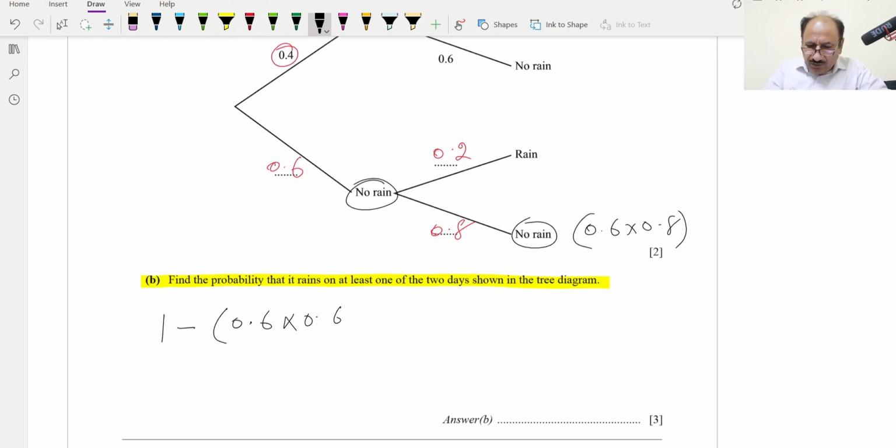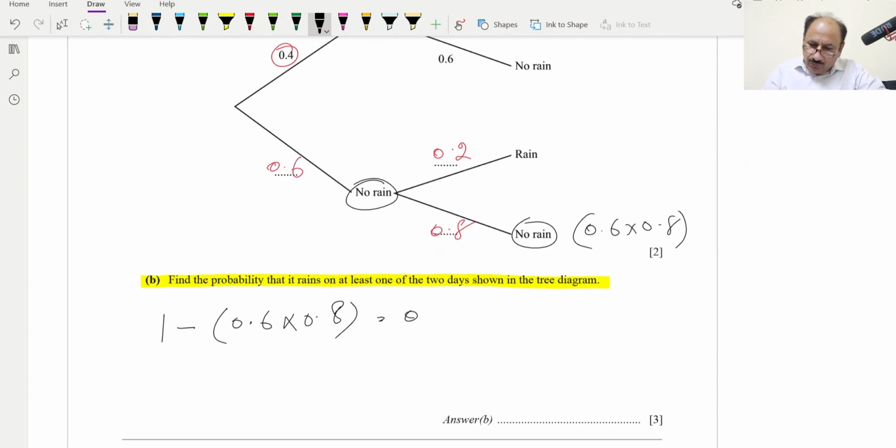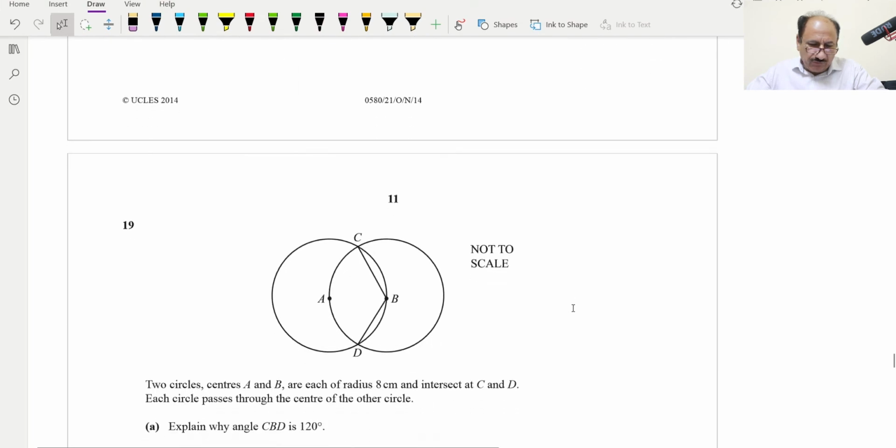So this will be 1 minus, in brackets, 0.6 multiply by 0.8, and this will be equal to 0.52. This will be our final answer. 3 marks, very easy, straightforward question.